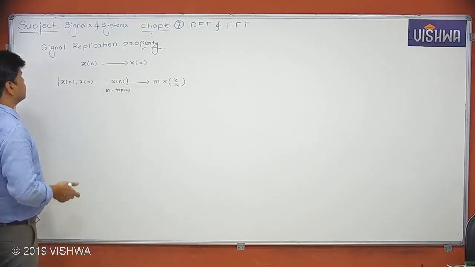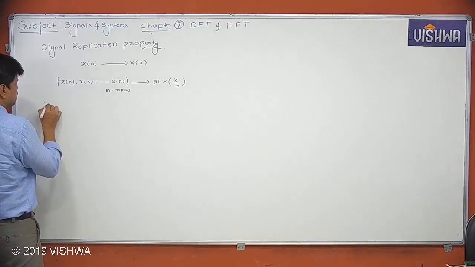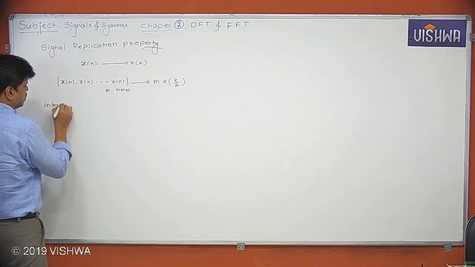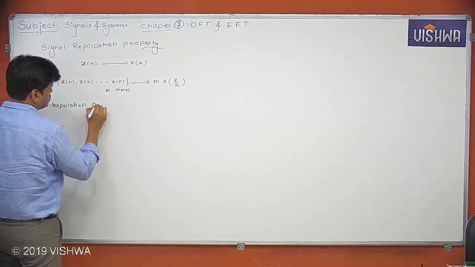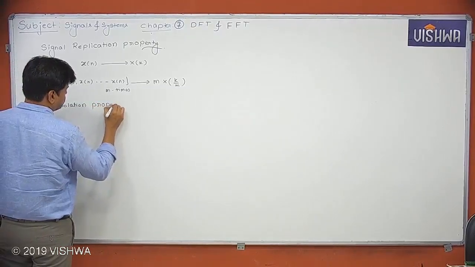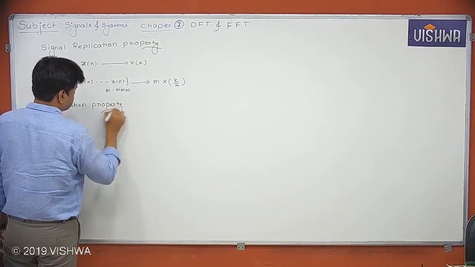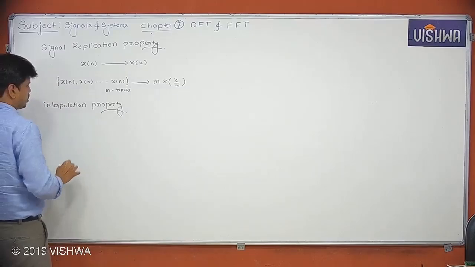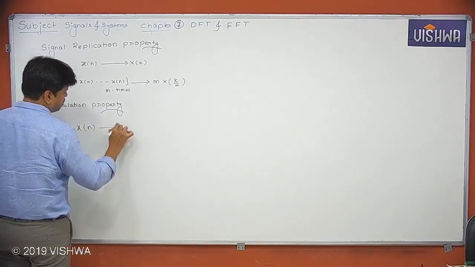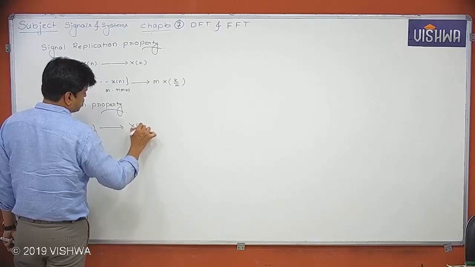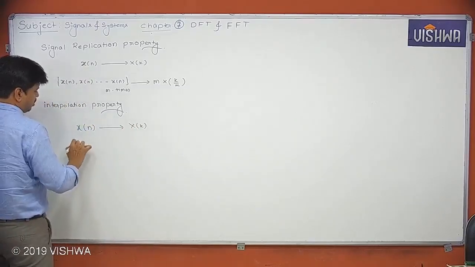Okay. Next, the interpolation property, which is similar to this one. What is the interpolation property? If x of n has DFT x of k, then what is the DFT of x of n by m?